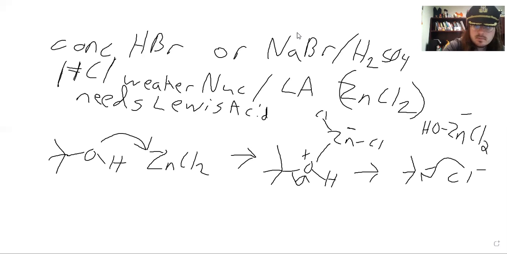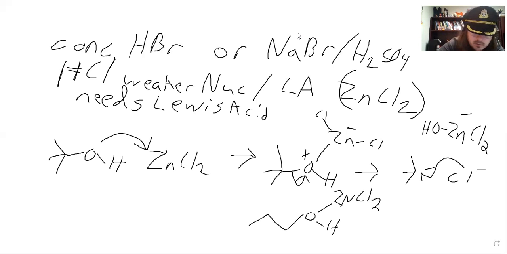Once again, from this step, a primary alcohol, I'm just going to draw at this step, would undergo backside attack by Cl minus before this falls off.